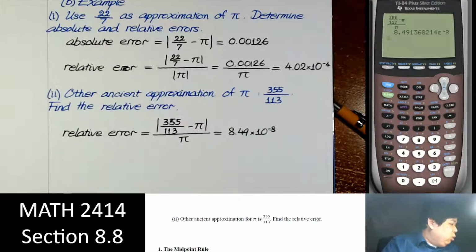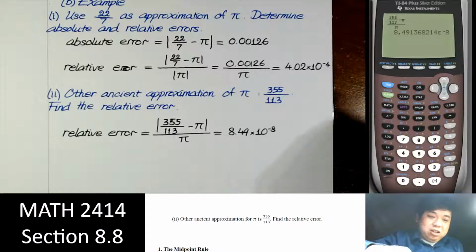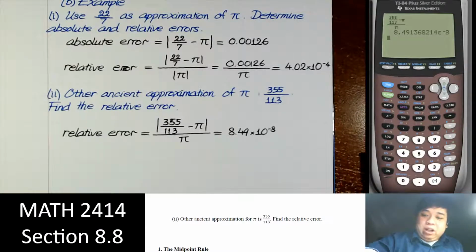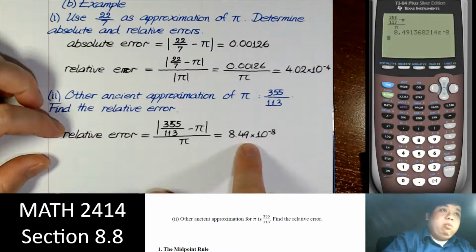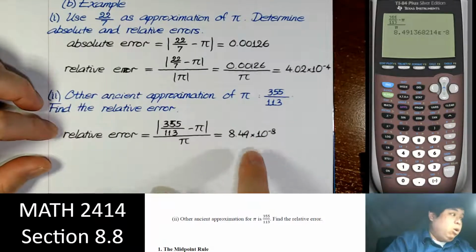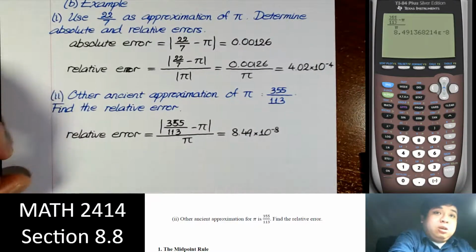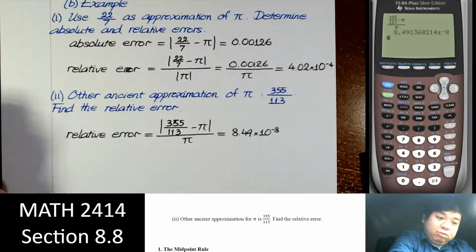No, there's no real-world application on this. It's just nice and all. Just appreciate the ancient people, when there was no calculator, and they approximated pi to this level of accuracy. That is considered to be very well done.